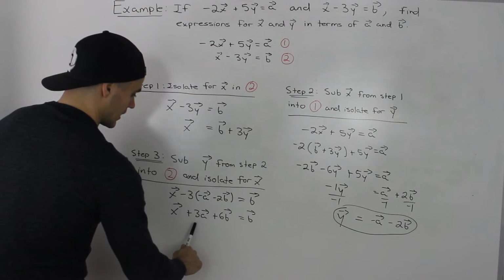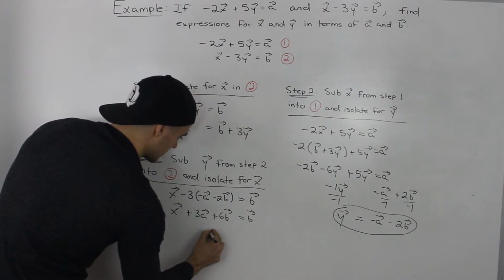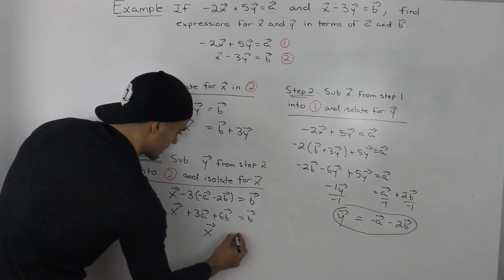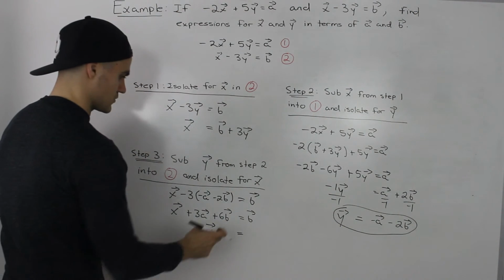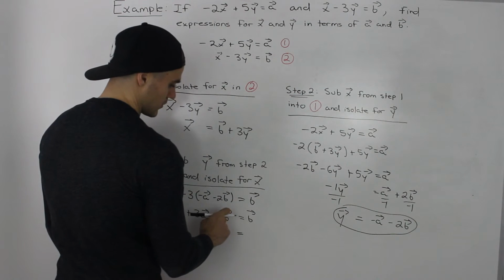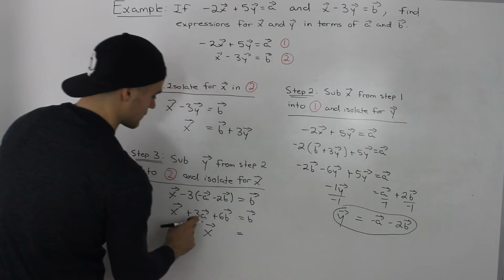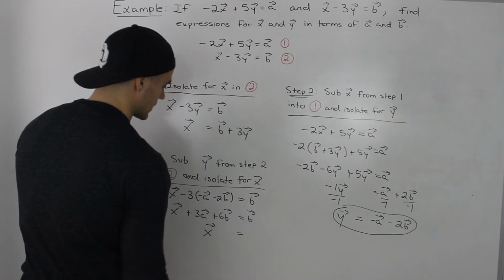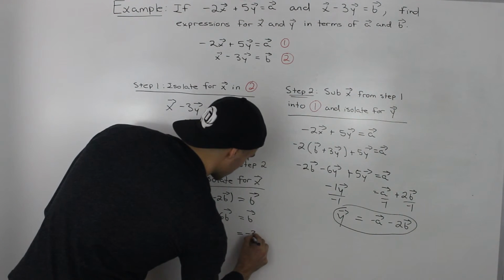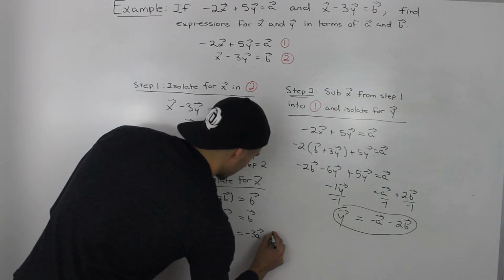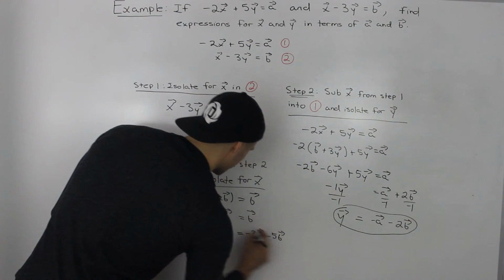And then let's bring everything over and keep the x on the left side since we are isolating for it. So vector x is equal to 1b minus 6b. When we bring the positive 6 over, it becomes negative. That ends up being negative 5b, and then this positive 3A ends up being negative 3A. So we'd have negative 3A minus 5b.